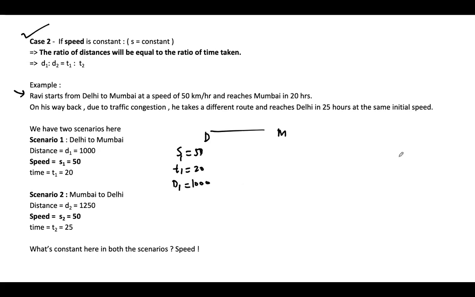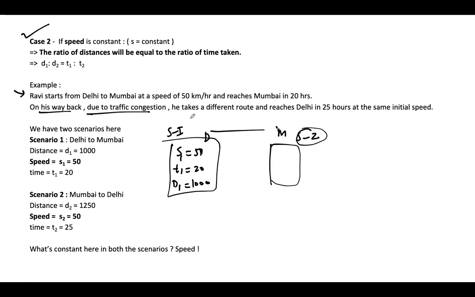On his way back, due to traffic congestion, he takes a different route, not this route. He takes some other route and reaches Delhi in 25 hours at the same initial speed. Time is 25, speed is 50.